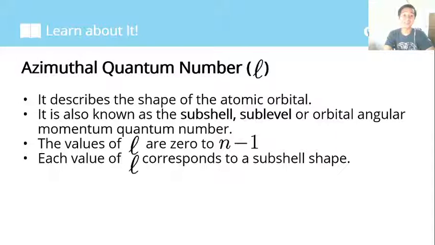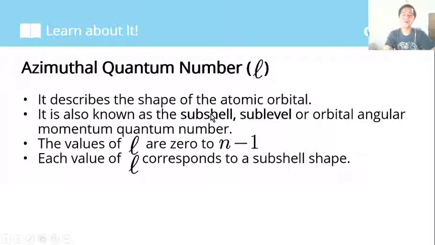Now let's go to the second quantum number. It's called the azimuthal quantum number. It is also called the angular momentum quantum number. It is represented by L, and we use this quantum number to describe the shape of the atomic orbital.